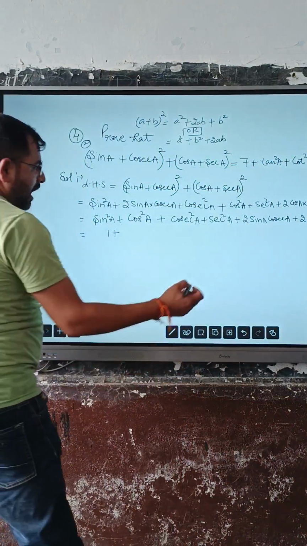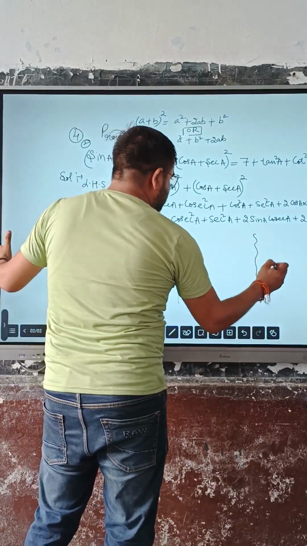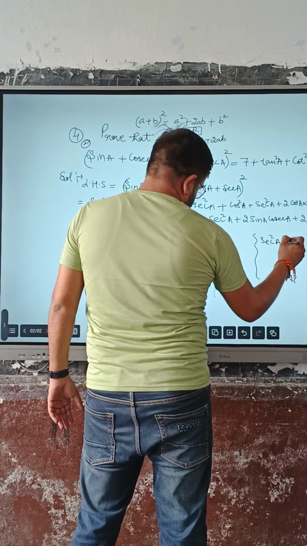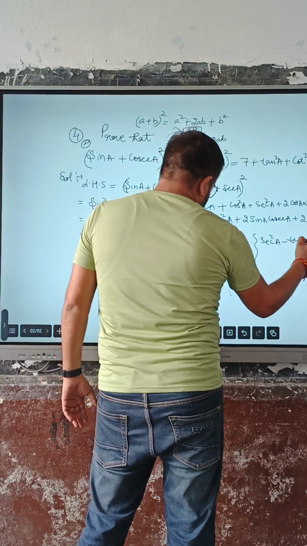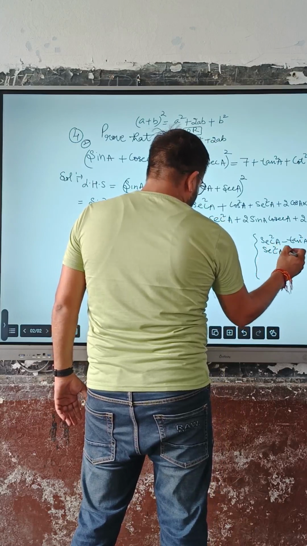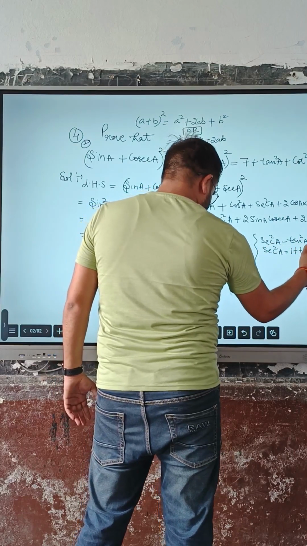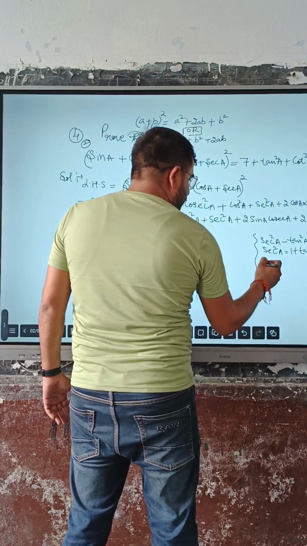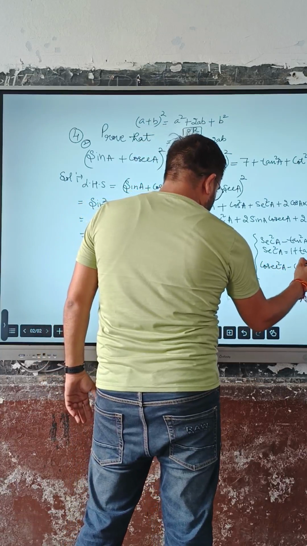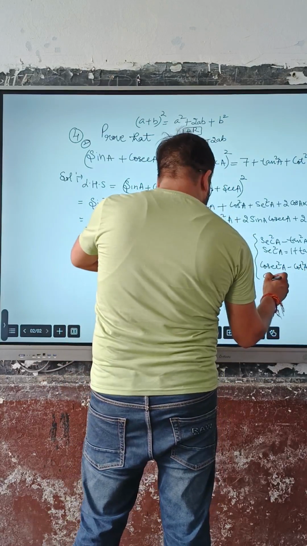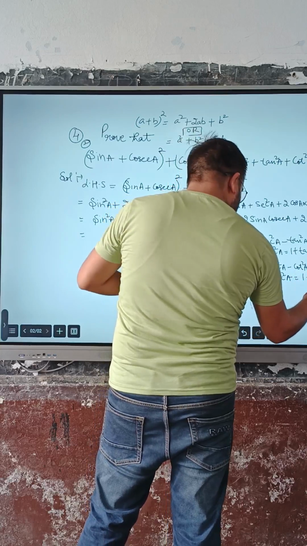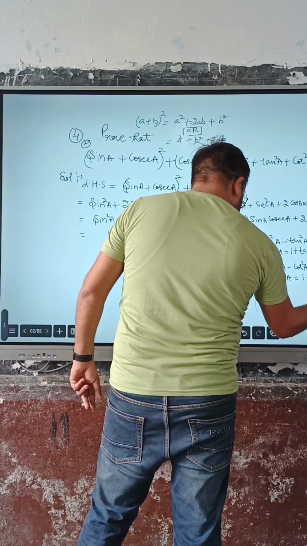That relation I am using here is secant square a minus tan square a equal to 1. So the value of secant square is 1 plus tan square. And the second one is cosecant square a minus cot square a equal to 1. So the value of cosecant square is 1 plus cot square a.